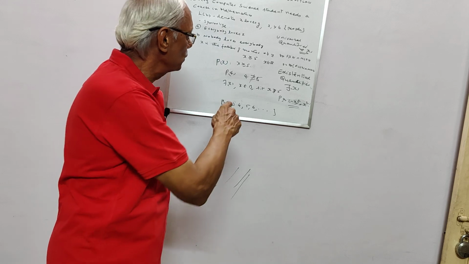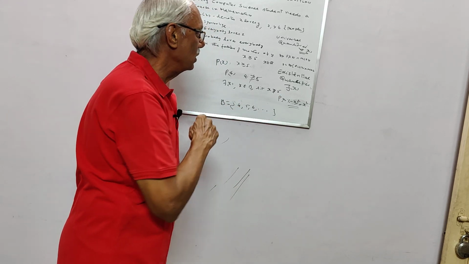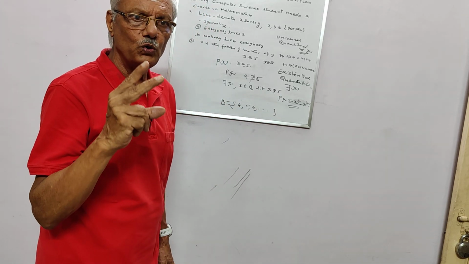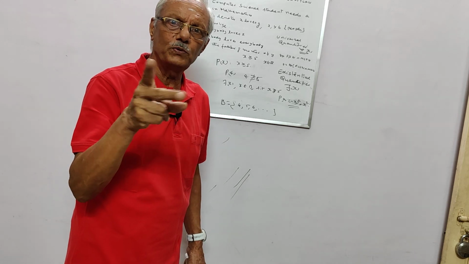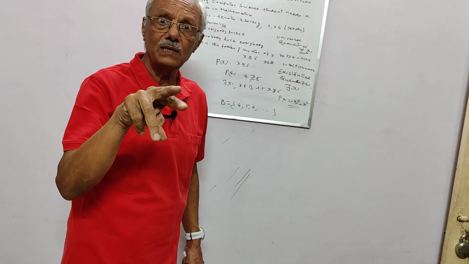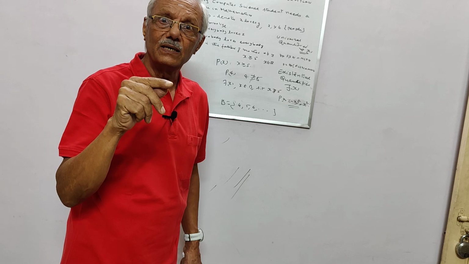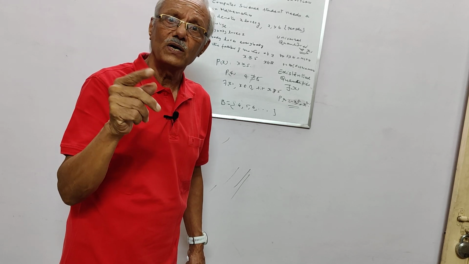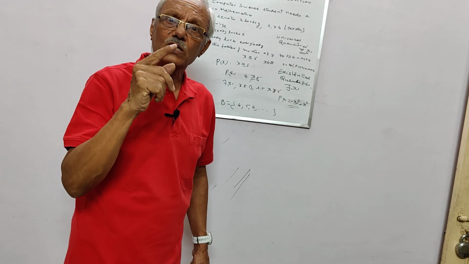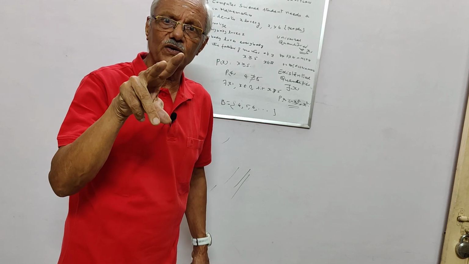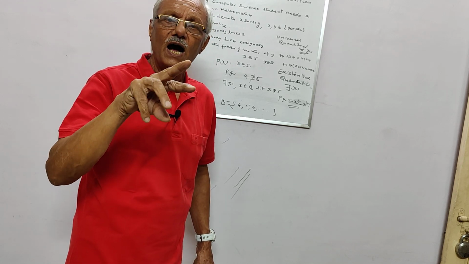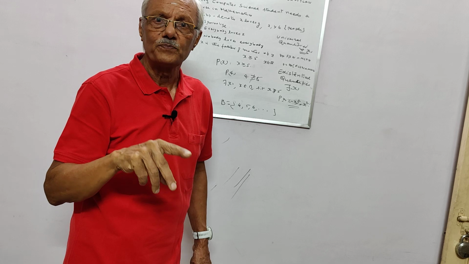Now, we have taught you what a propositional function is, and what the meaning of a quantifier is. There are two types of quantifiers: one is the universal quantifier, another is the existential quantifier.